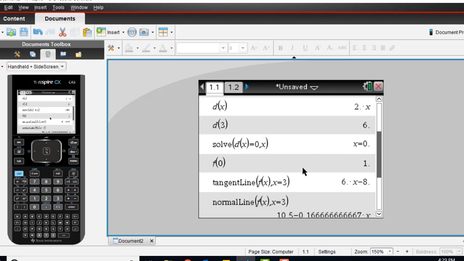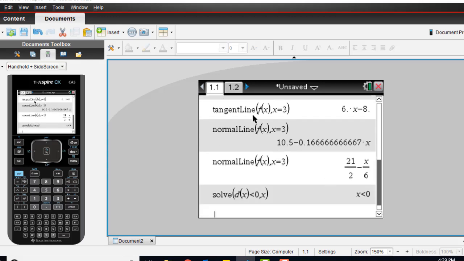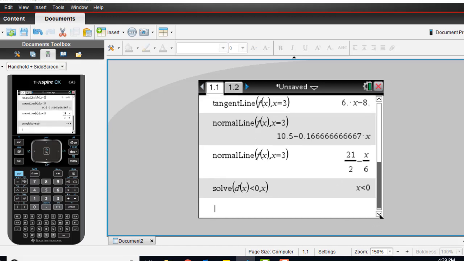You can find tangent line equations, where this is y equals 6x minus 8. And you can find the equations of the normals, which are lines perpendicular to the tangent lines at a point. And you can also solve inequalities, so solve for all the x values where the derivative is negative, or has a negative slope for the tangent line. Okay, so that's it.